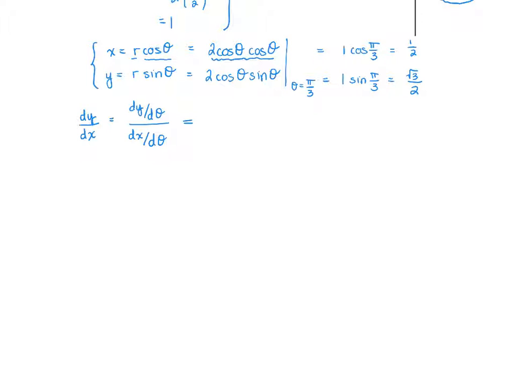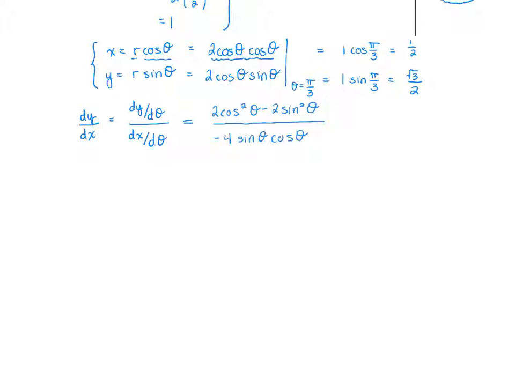But on the previous page, we found that dy/d theta was, I believe, 2 cosine squared theta minus 2 sine squared theta. You might have to look back and convince yourself that that was true. And we had found that dx/d theta was negative 4 sine theta cosine theta.